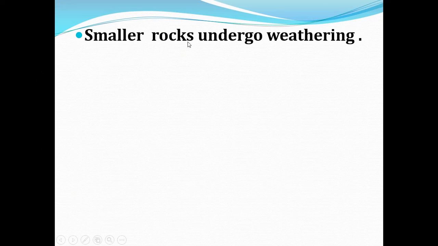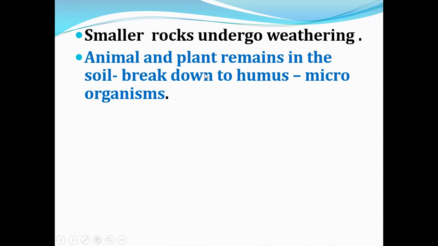Mostly smaller rocks undergo weathering, and animal and plant remains in the soil break down into humus by the action of microorganisms. So microbes convert the animal and plant remains into humus.